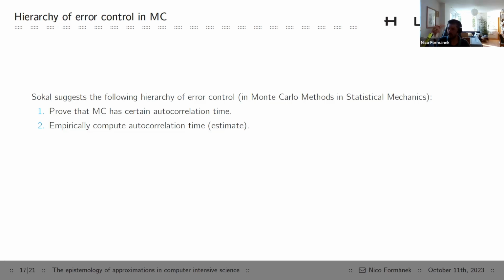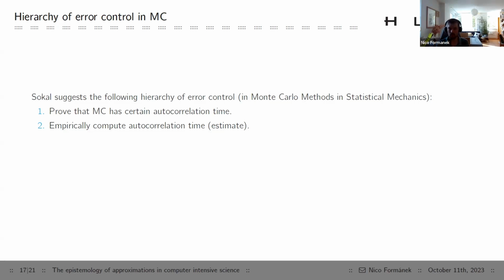This hierarchy is rarely made explicit, but I think this lecture by Sokal is really great because it's an introductory lecture, and he makes these things explicit. So he suggests the following hierarchy, specifically for Monte Carlos here: if you can prove that the Monte Carlo has a certain autocorrelation time, that is the best thing you can do. Then you have a mathematical guarantee of the error, basically.